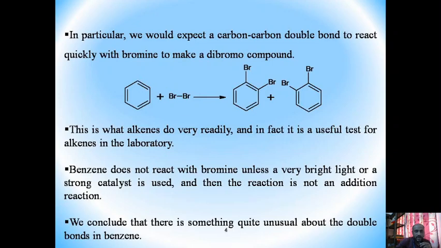This is what alkenes do very readily, and in fact it is a useful test for alkenes in the laboratory. Benzene does not react with bromine unless a very bright light or a strong catalyst is used, and then the reaction is not an addition reaction. We conclude that there is something quite unusual about the double bonds in benzene.